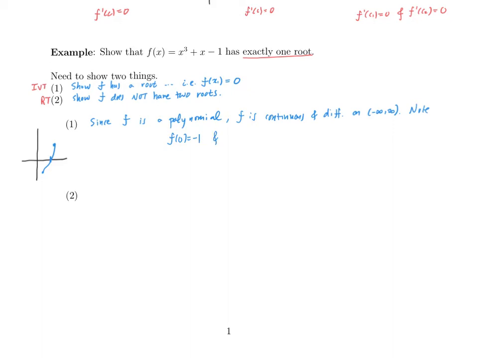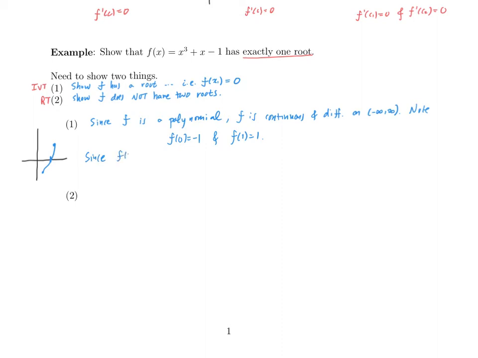Can you think of an input that will give you a positive output? There's not a unique answer, there are many, but note if we substitute in 1 for x, we just get back 1, and that's a nice, obvious positive output. Now we apply the intermediate value theorem.